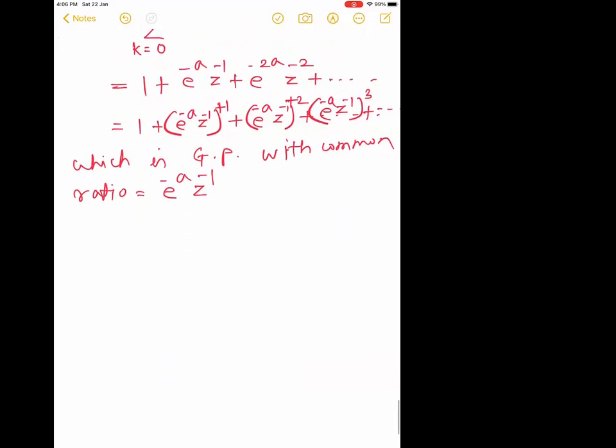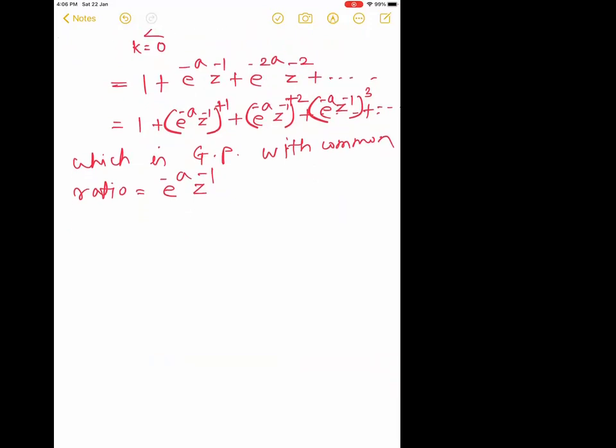The common ratio is e raised to minus a z raised to minus 1. Yes. Okay. And therefore, whose summation answer we know? Summation answer for the geometric series is a upon 1 minus r for mod r less than 1, where a is the first term, correct? A is the first term. What is the first term in this case? So that is 1.